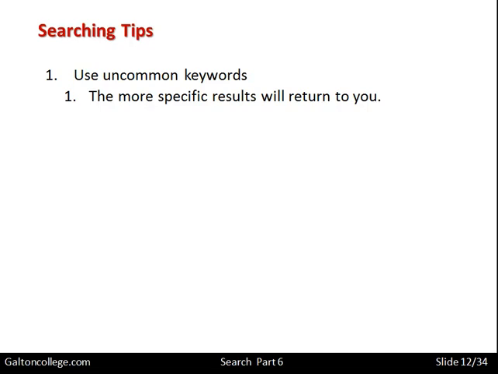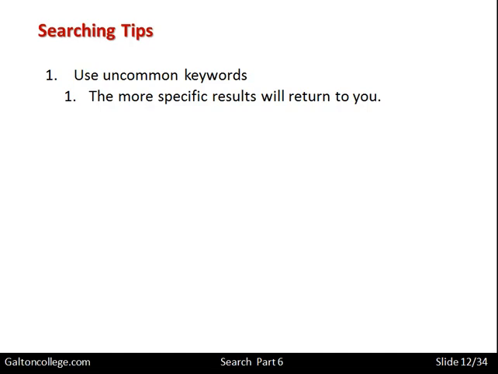We will get quite specific results. So scientists, for example, benefit from this, as do chemists and medical practitioners and so on, because they use a very specialist language, and they can type in very unusual words and will get very specific returns.